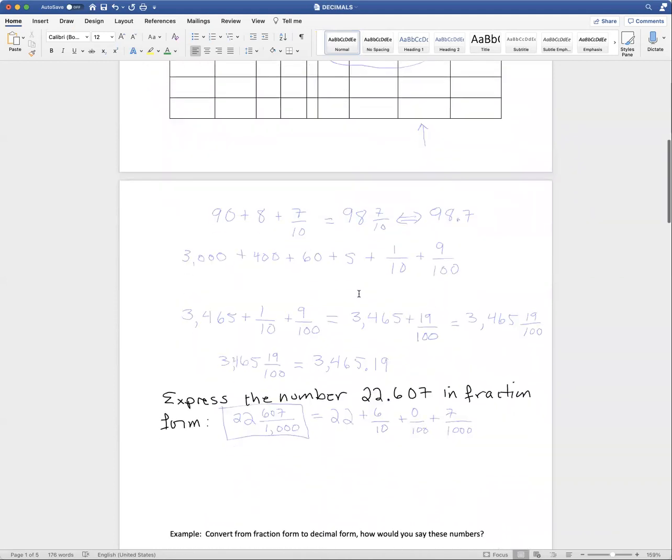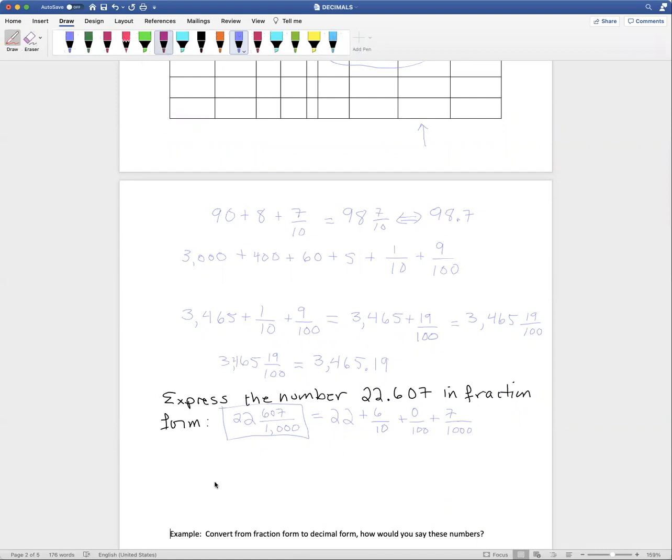Let's take a look at this example. Same directions, express in fraction form. How would you say it?